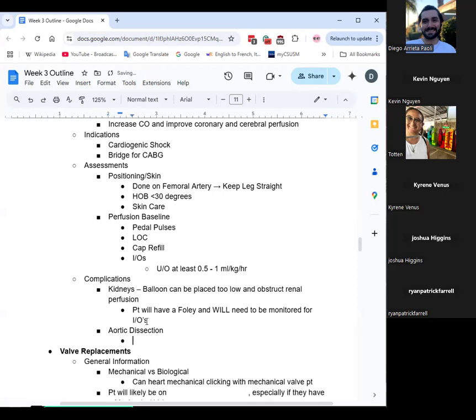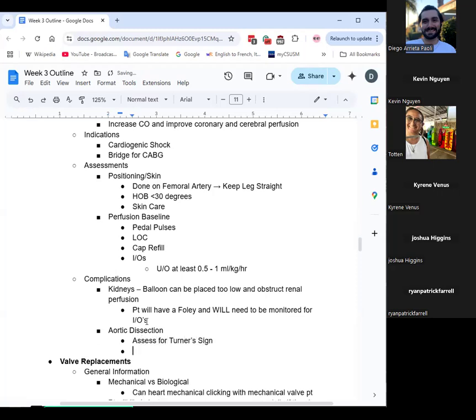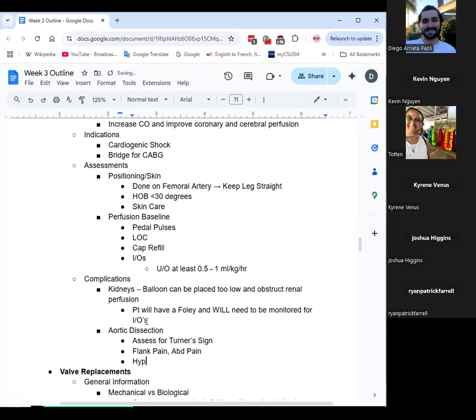So let's test for Turner's. I do like that. Yeah, so that flank pain. Usually I see questions describe it as a tearing pain, a tearing flank or back pain, or even abdominal pain, depending on the area. With no relief. Very hypotensive, hypotensive very quickly.